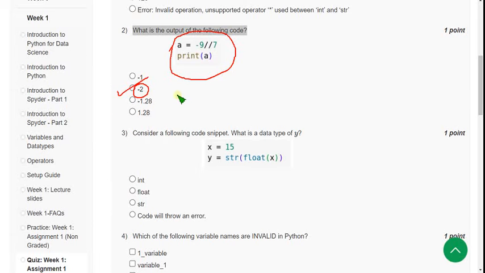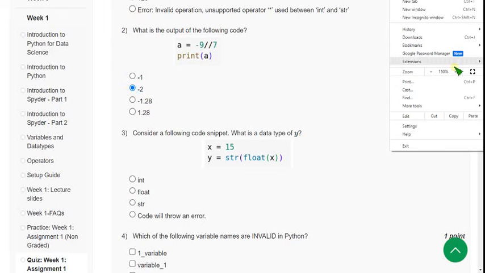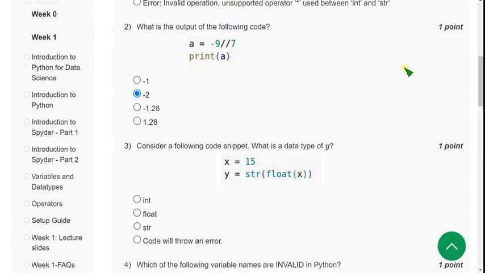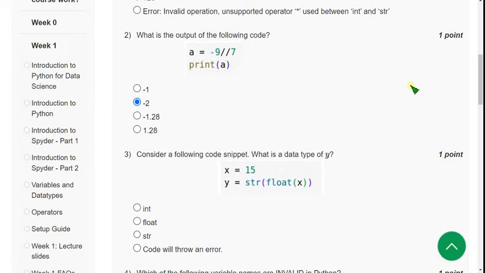So mark the second option as the correct answer for the second question. Now let's move on to the third one. Third question, I will zoom in on this once again for you. So for the second question, the second option is correct.